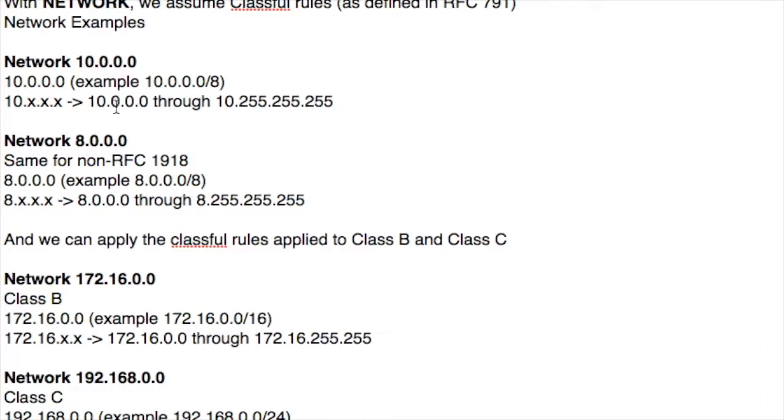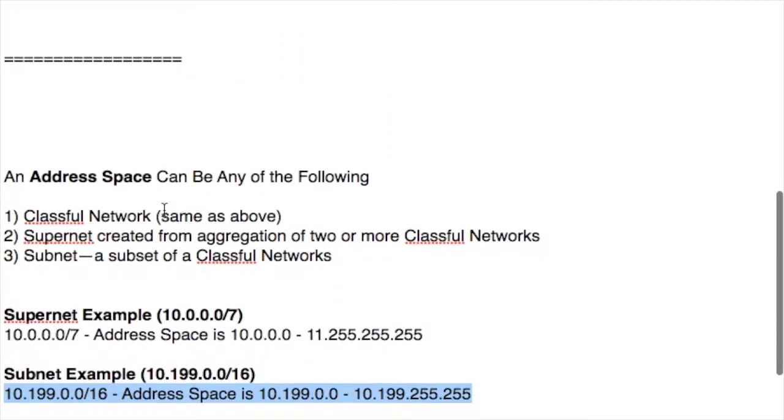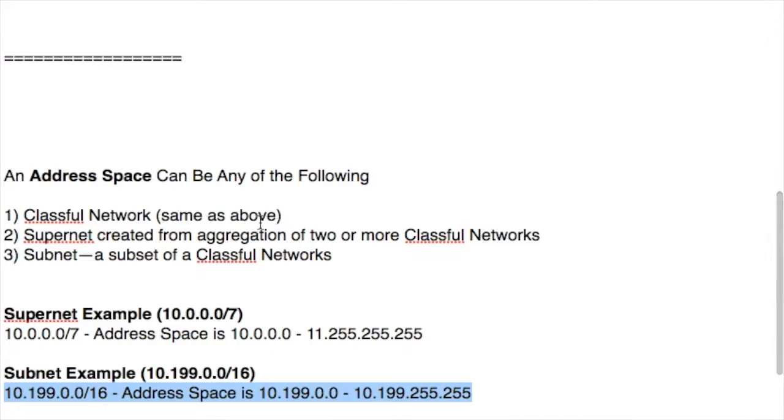But in the real world, outside of the testing environment and its strict terminology, you'll actually just hear people fairly generically throw the term around. Again, an address space could be a classical network, a supernet, or a subnet.